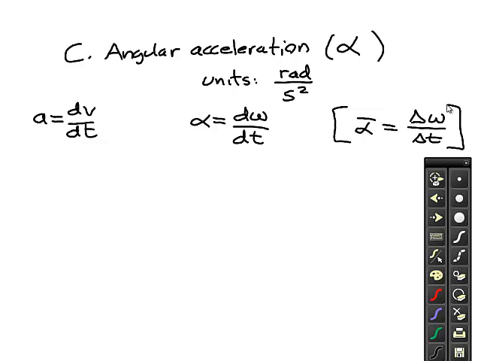The other thing to keep in mind is when he's accelerating, he's got a linear acceleration that's getting bigger and bigger, and so his velocity gets bigger. His angular acceleration can then be translated into a linear acceleration.